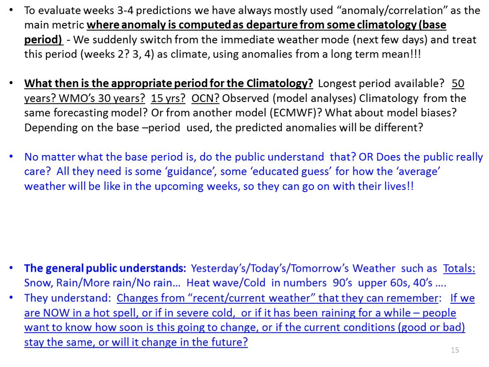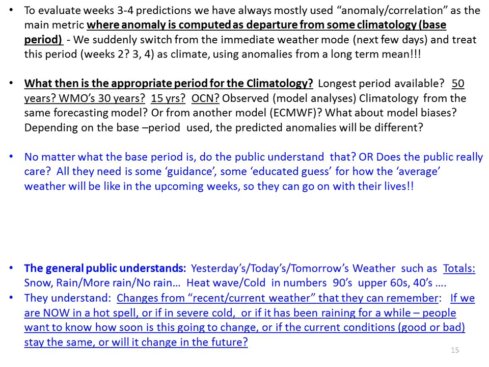So the public understands yesterday's weather, today's weather, tomorrow's weather. They understand snow, rain, no rain, heat wave, cold. They understand the changes from recent current weather. If you are now in a hot spell or in a severe cold, and it has been for a while, people ask, is this going to continue for a while?